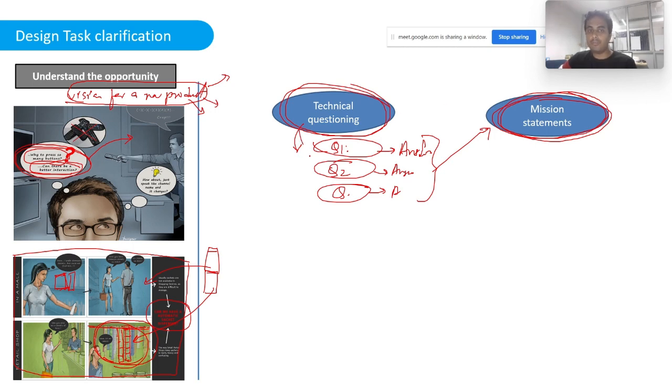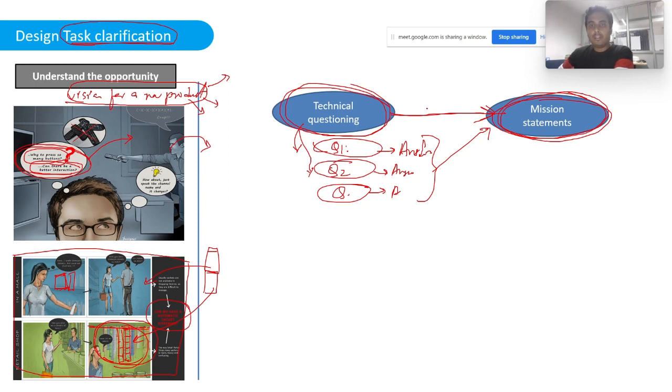Basically, technical questioning leads to formulation of a mission statement. Can you tell me why these are important? These are again part of tasks that a designer needs to perform soon after opportunity understanding.